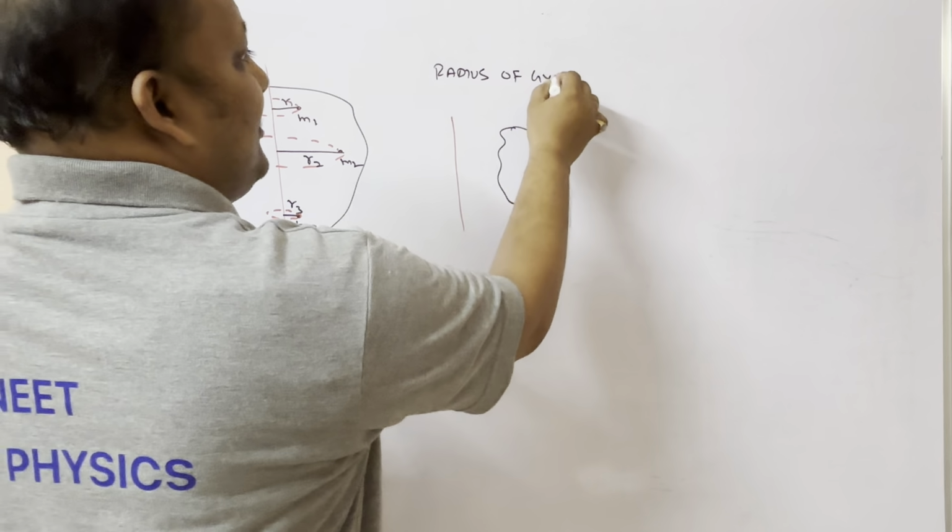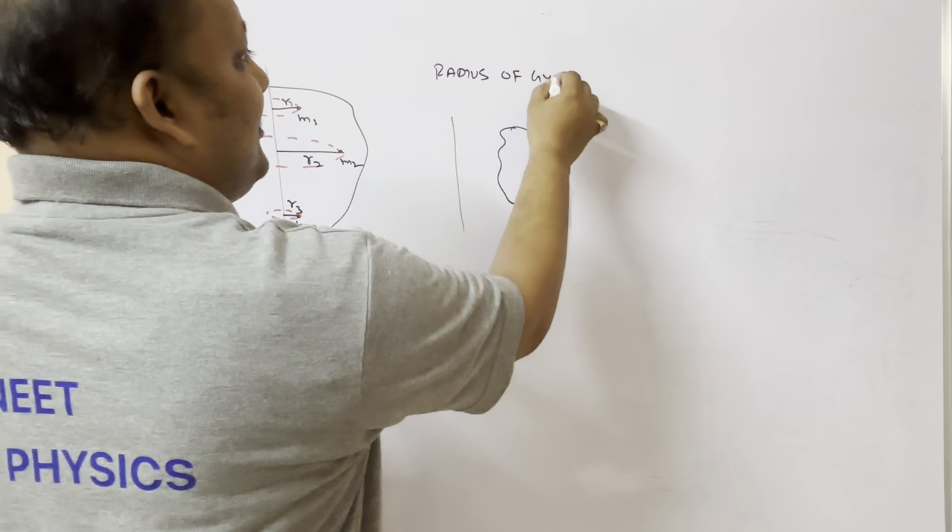I think in the previous video I gave about acceleration and angular acceleration. Acceleration dv by dt I wrote, later v dv by dx I wrote. In angular acceleration, in place of v we have to write omega, and in place of dx it should be d theta, because displacement is nothing but angular displacement.